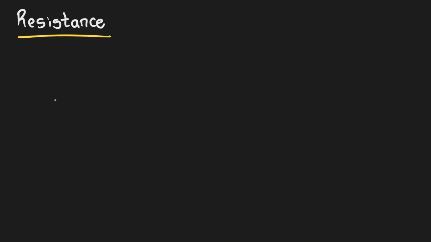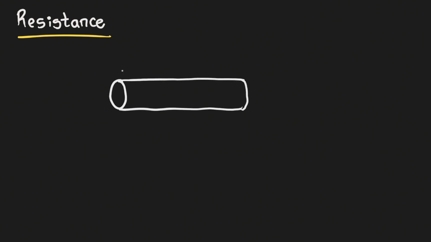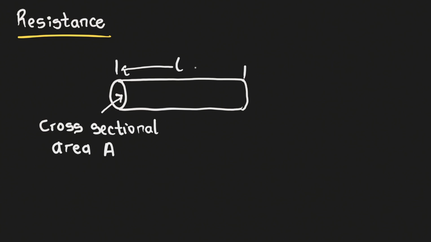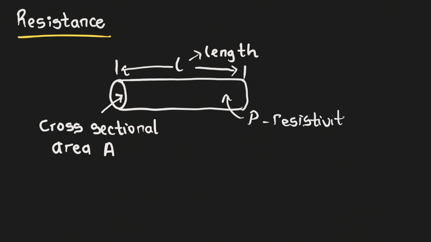Resistance is the ability to resist the flow of electric current, and is represented by the symbol R. Resistance is the physical property of a resistor. The resistance of any material with a uniform cross-sectional area depends on the cross-sectional area and its length, and also the resistivity of the material.